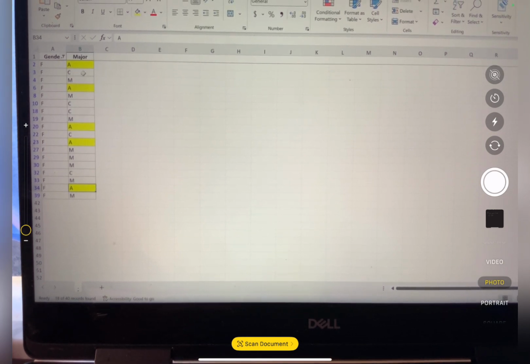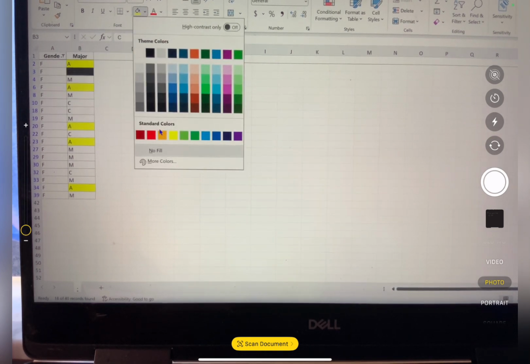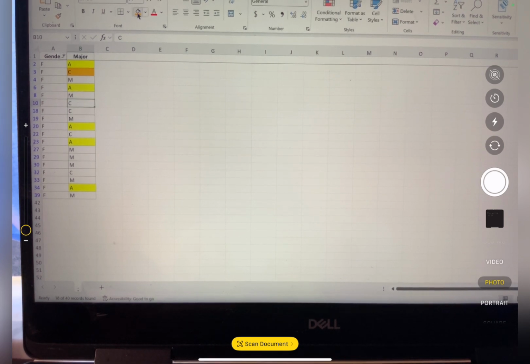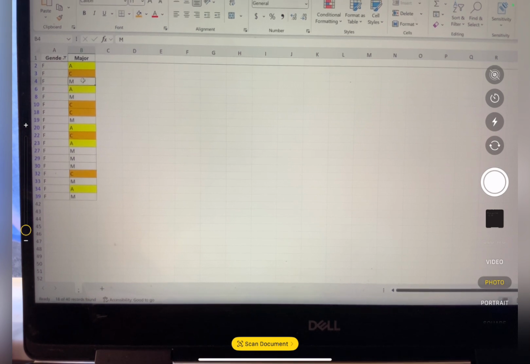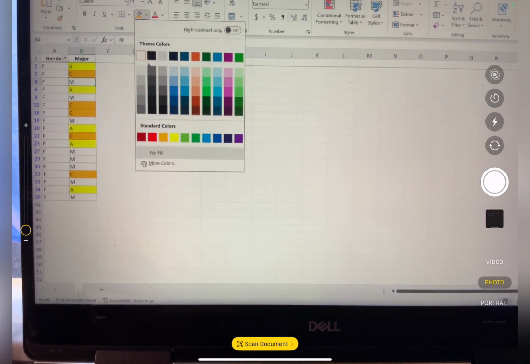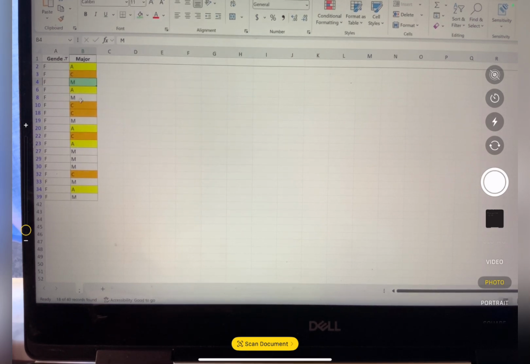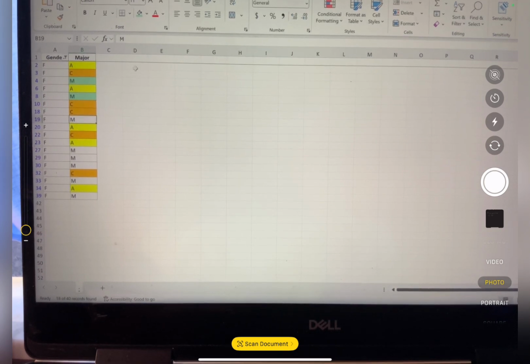Okay, then computer science, I'm changing color using orange. So first you have to click on the cell and then click color. Keep going. And then marketing, I'm changing this to green. So marketing green, marketing green.